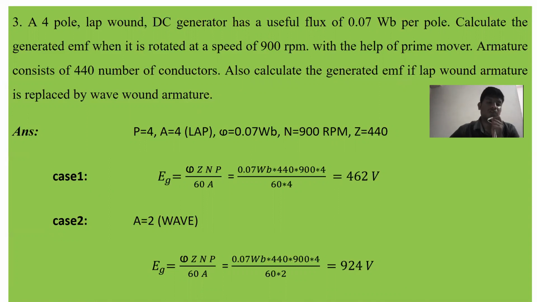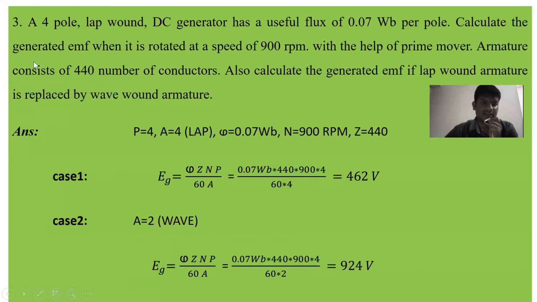Okay, so simply write the given data here. It is a 4-pole, so P equals 4. With lap winding, the number of parallel paths A equals 4. The useful flux per pole is 0.07 Webers.